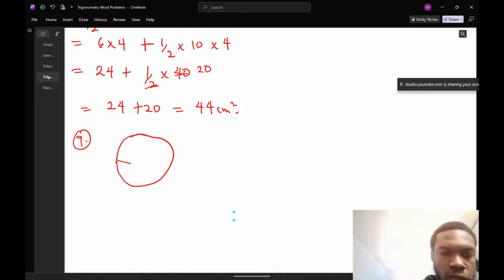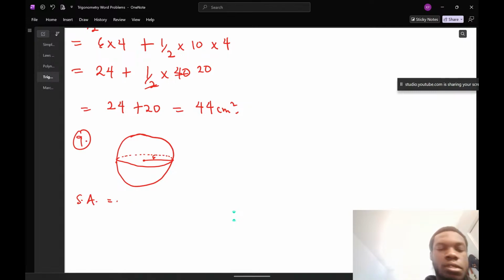We have something here like this. So let's say that the radius is 6.